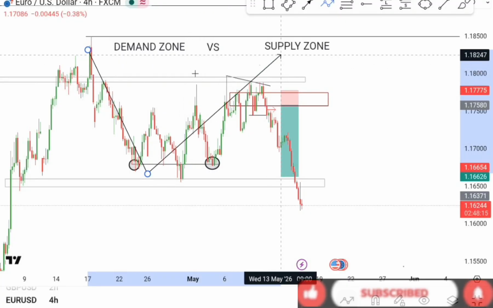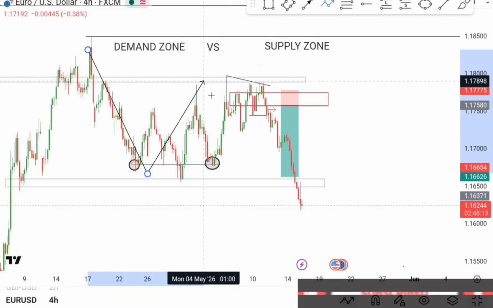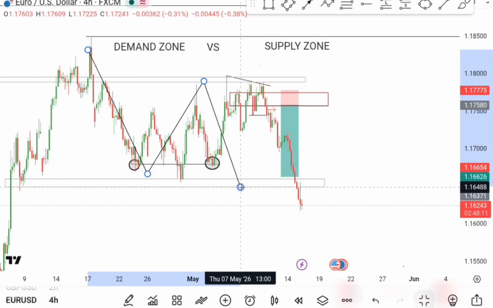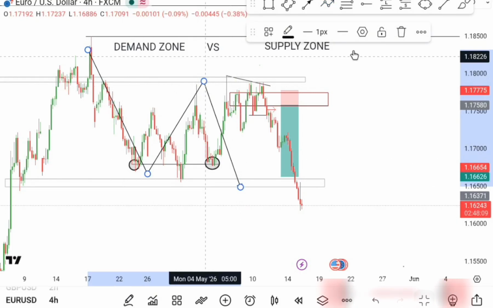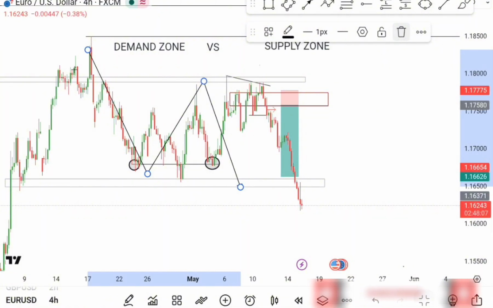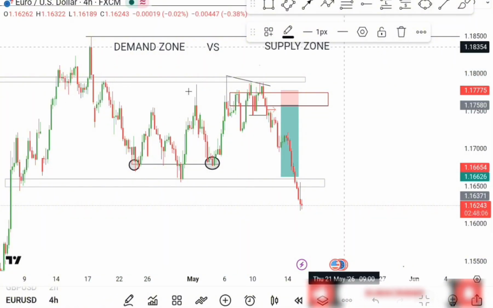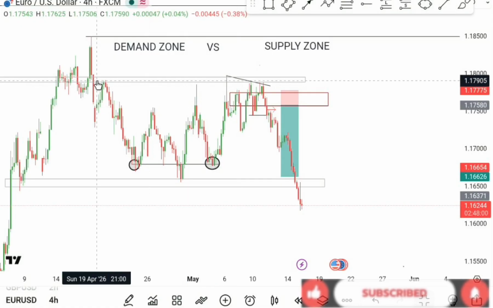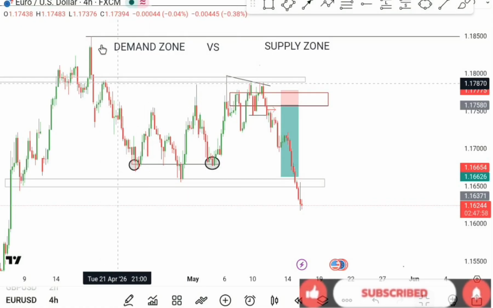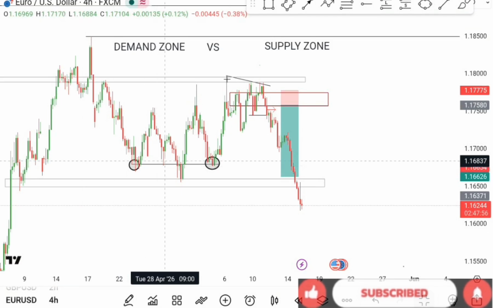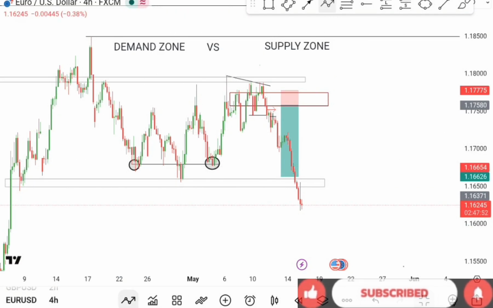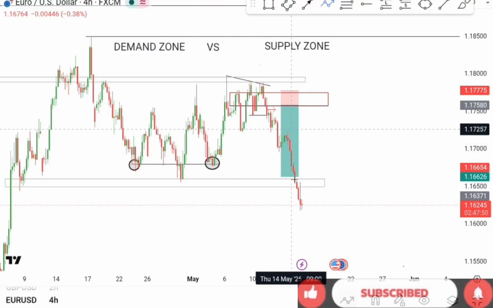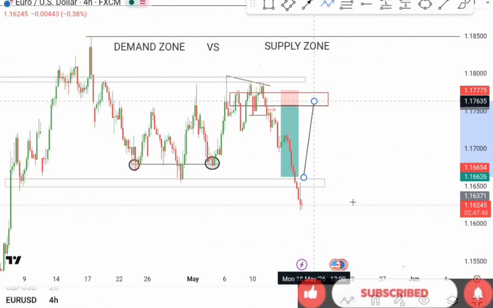Here is the key insight that most retail traders never understand. When a big institution wants to buy or sell a huge position, they cannot do it all at once. If they try to buy $1 billion of EUR/USD in a single order, they would move price so much against themselves that the trade would be unprofitable before they even get filled on the position they want to place in the market.